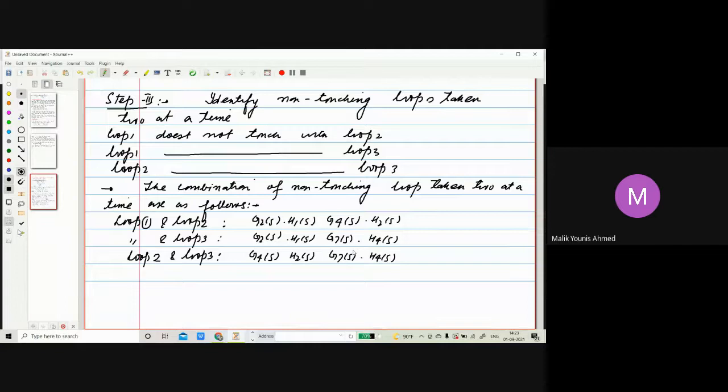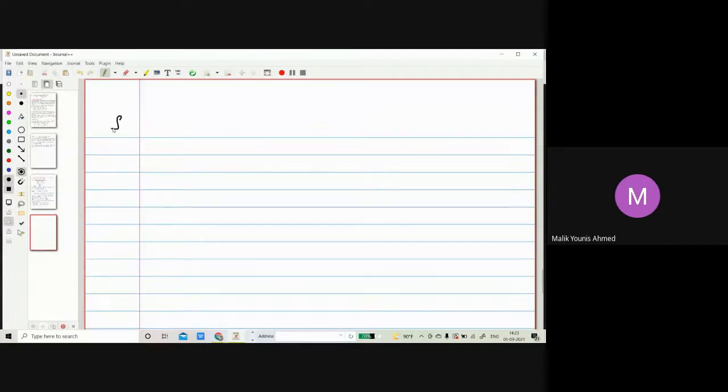Finally, non-touching loops taken 3 at a time. So next, step number 4. In this, we have only 4 possible steps.